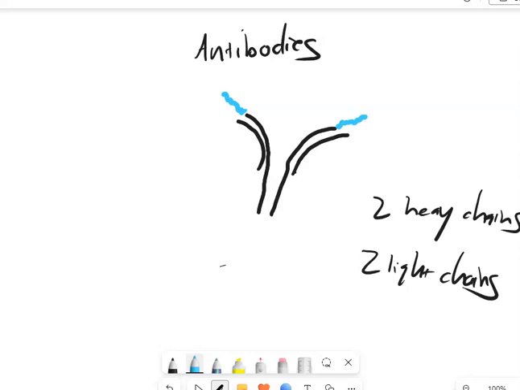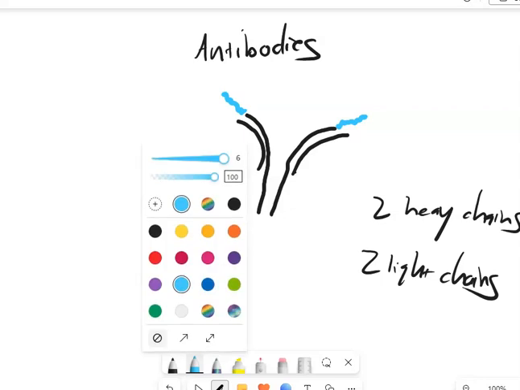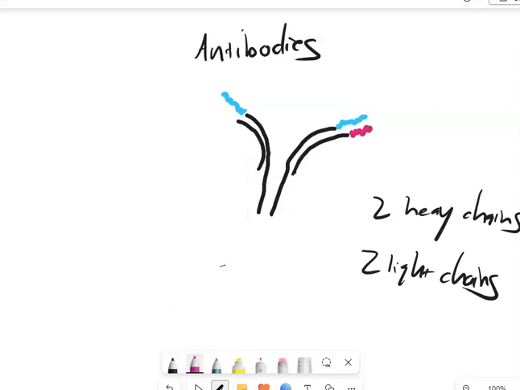So here the heavy chains have blue hypervariable regions and the light chains are going to have pink hypervariable regions. And those are the randomly generated parts of the antibody. So these are hypervariable regions.